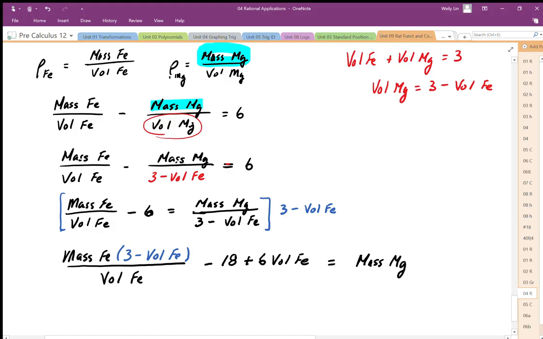So there it is. I've solved for the mass of magnesium. That's going to be the mass of magnesium.